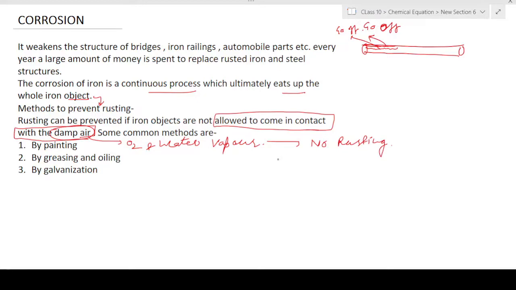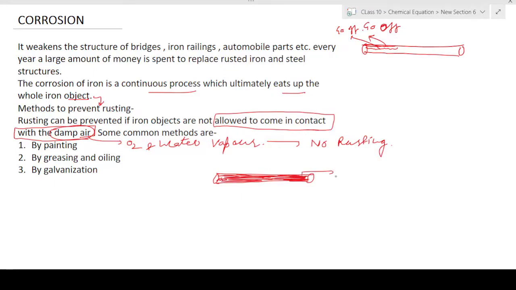So what we can do, suppose this is the iron rod or any kind of piece you can imagine, and if you apply paint to it, what will happen? This paint will create a layer.